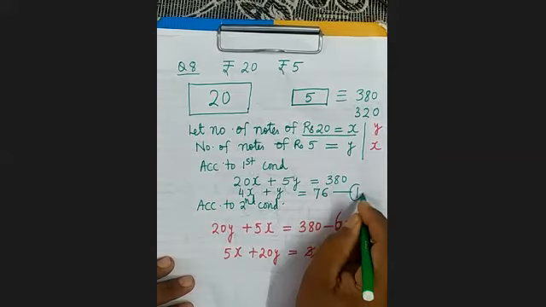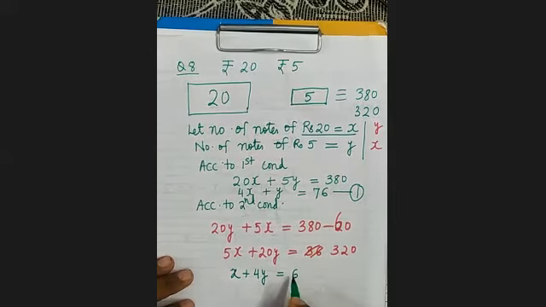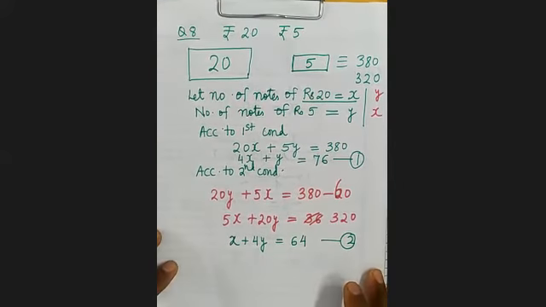This is equation 1. When you simplify, it is x plus 4y equals 64. This is equation 2. Now you solve these two equations simultaneously.